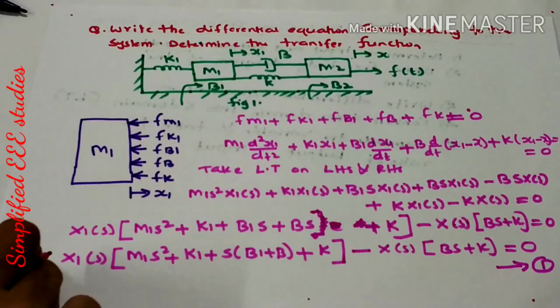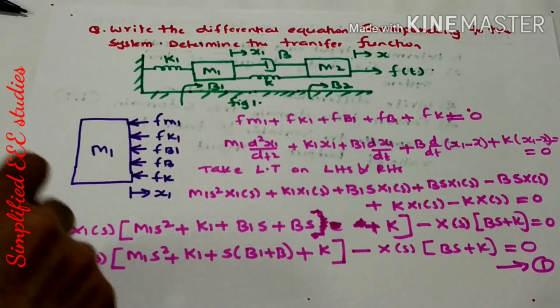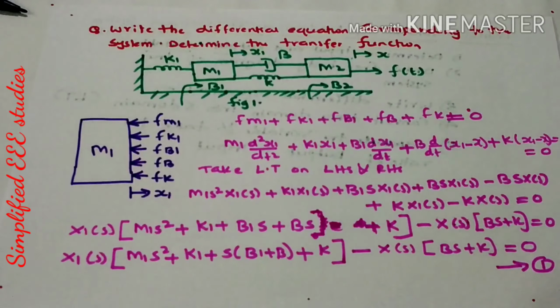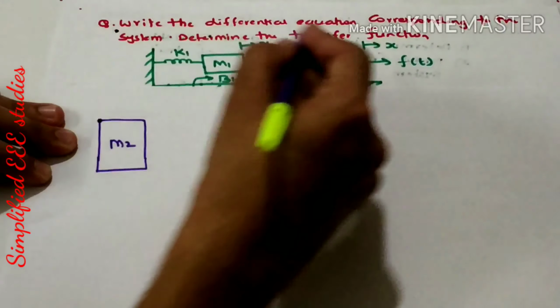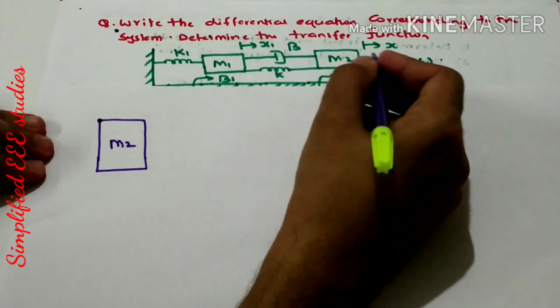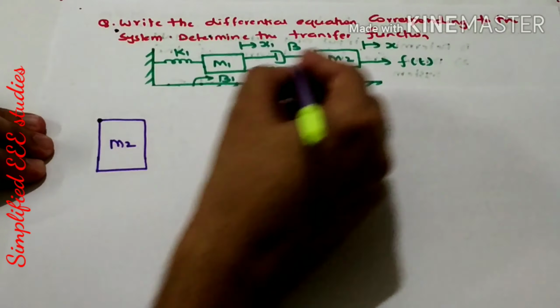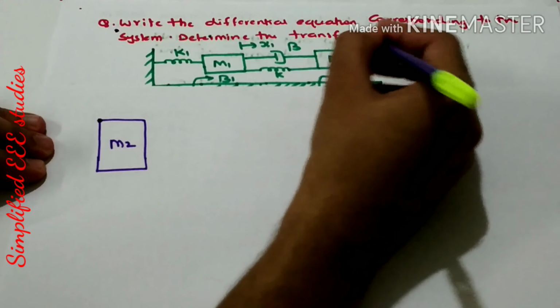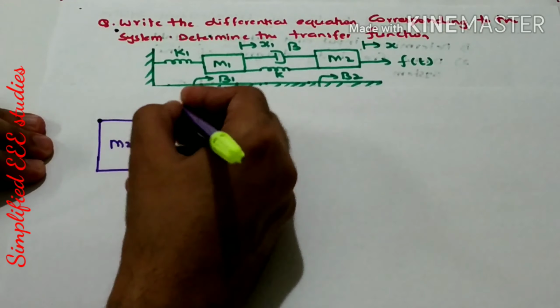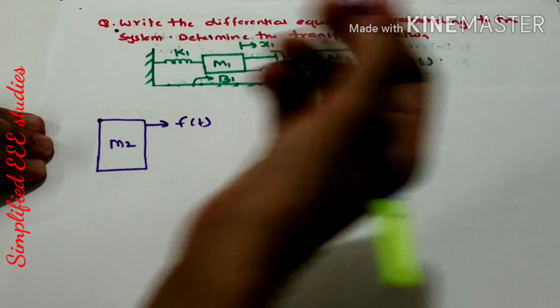Okay. Now let us see the free body diagram of M2. By looking at the diagram of M2, let us figure out what are the forces which are acting on the body M2. M2 will be considered as a node. F of t is acting externally, that is the input.